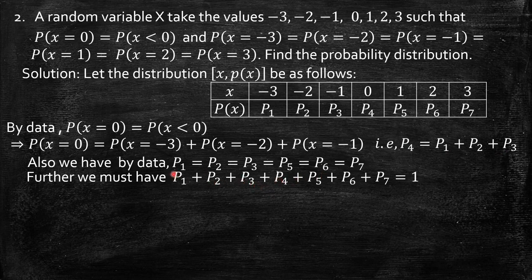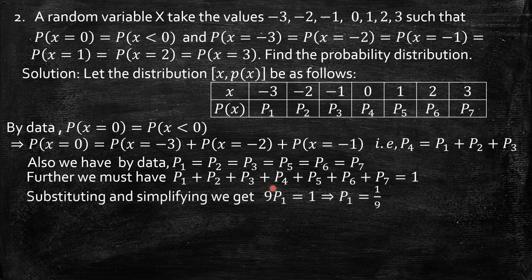P1, p2, p3, p5, p6, p7 are one and the same, so let me write in terms of p1 only. So 6p1 plus this 3p1. By substituting and simplifying we get 9p1 equal to 1, which means p1 is 1 by 9.